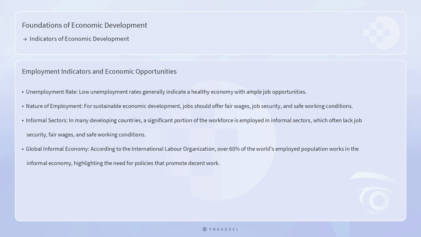In many developing countries, a significant portion of the workforce is employed in informal sectors, which often lack these attributes. According to the International Labor Organization, over 60% of the world's employed population works in the informal economy, highlighting the need for policies that promote decent work.